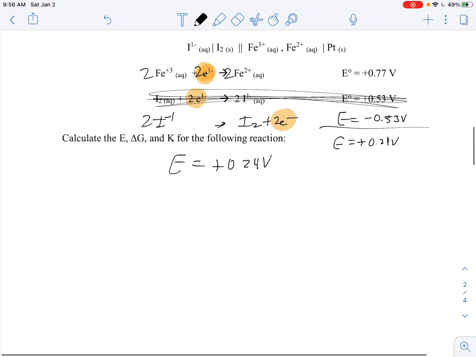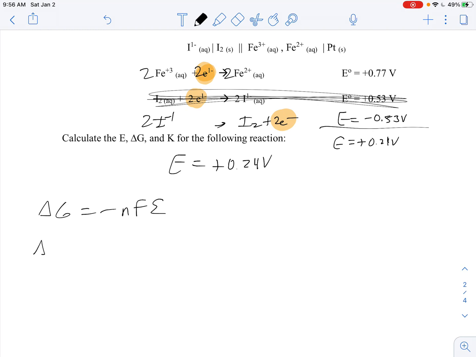So knowing that my E is positive 0.24 volts, can I calculate delta G and K? Let's see, delta G is equal to negative nFE, so delta G is going to be equal to negative 96,485 times 0.24. Now, how many moles of electrons are being transferred? Well, remember, we had 1 and 2, so that's why we had to double this whole equation. So it's really 2 moles and 2 moles here, so it's 2.